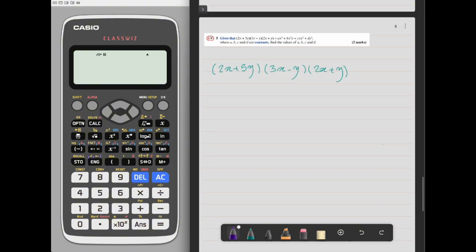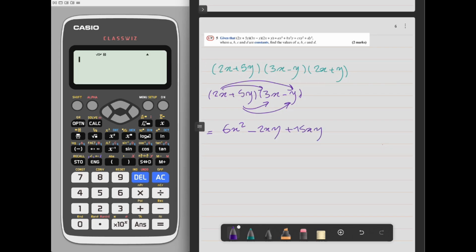I have 2x plus 5y times 3x minus y. So 2x times 3x, 2x times minus y, 5y times 3x, and 5y times minus y. I will write it down: 6x squared minus 2xy plus 15xy, and minus 5y squared.